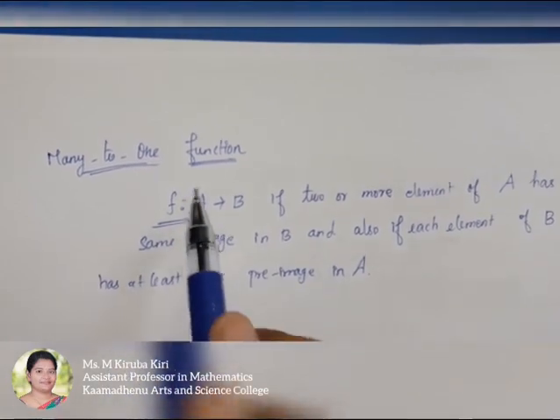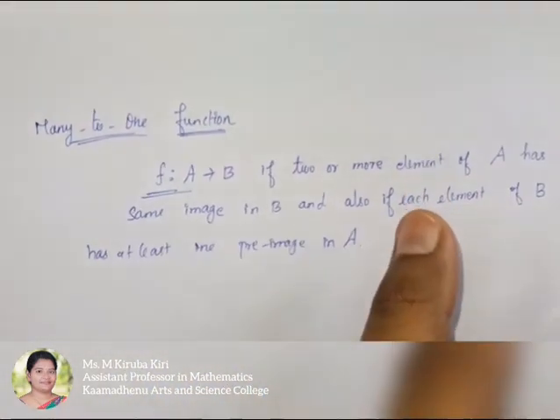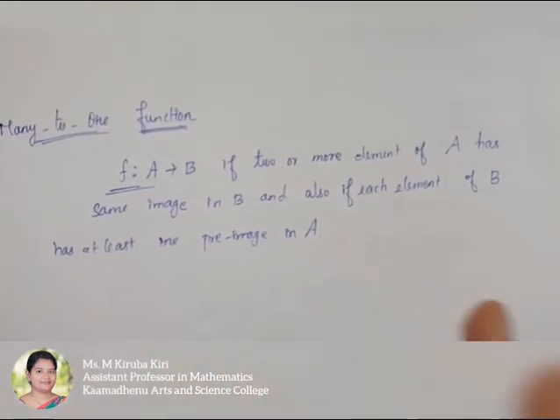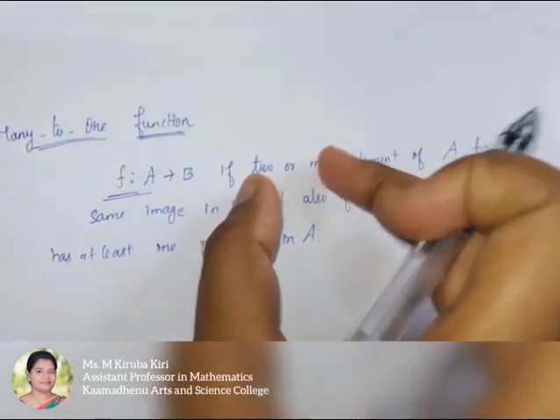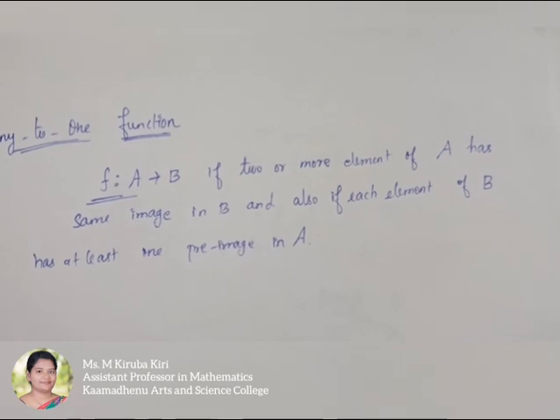Listen, f is mapping from A to B if every element of B has at least one preimage in A, and also two or more elements of A have the same image in B.